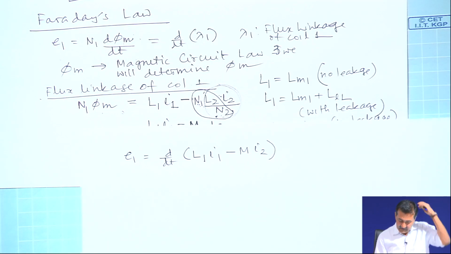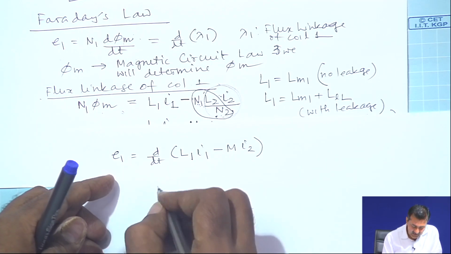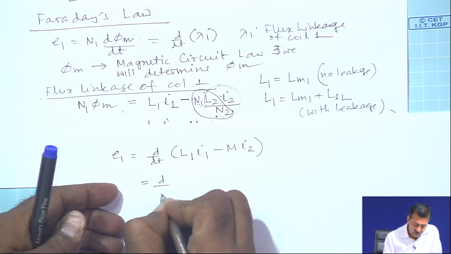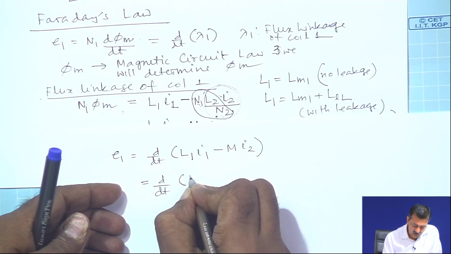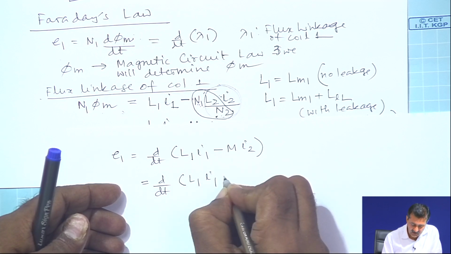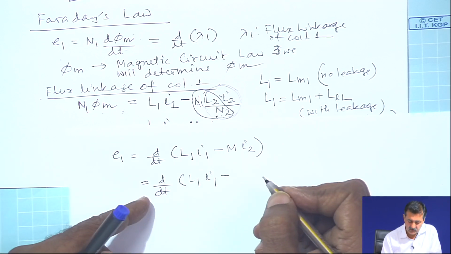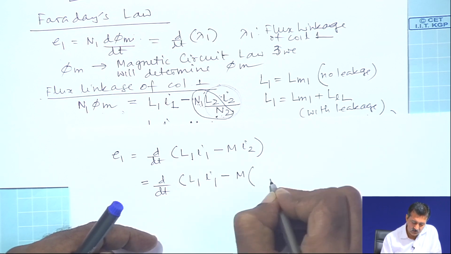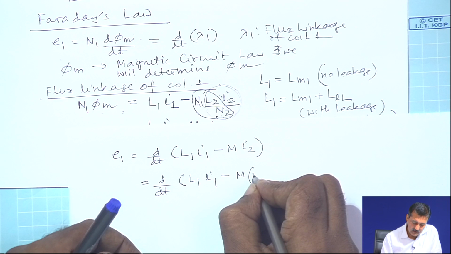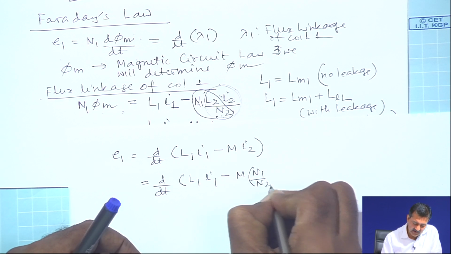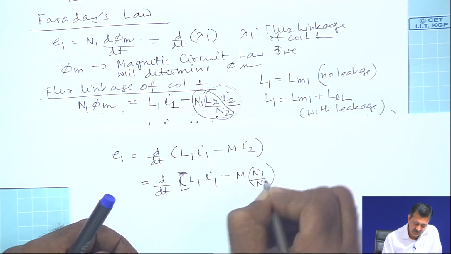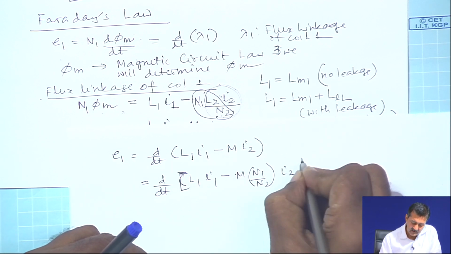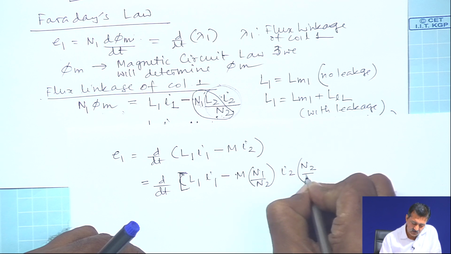Here we can do a little bit of modification in this equation also. We can write this as equal to L 1 I 1. Let us see some trick we are doing. What we will do is M into N 1 by N 2 into I 2 multiplied by N 2 by N 1.